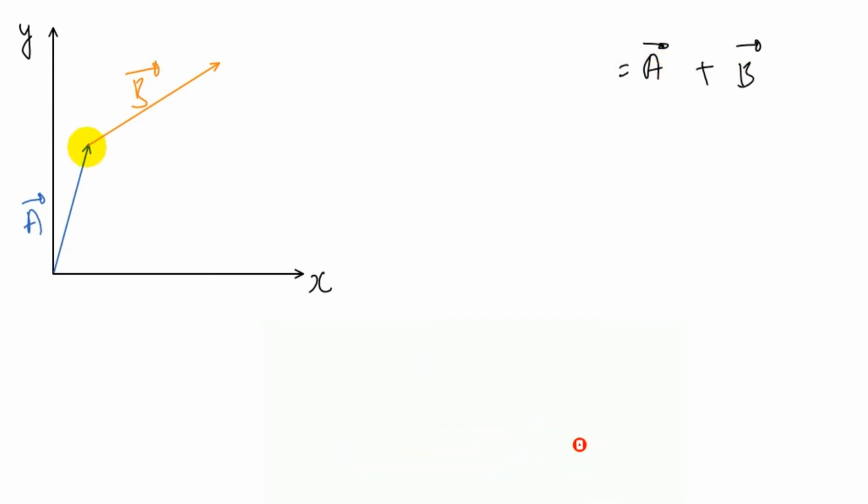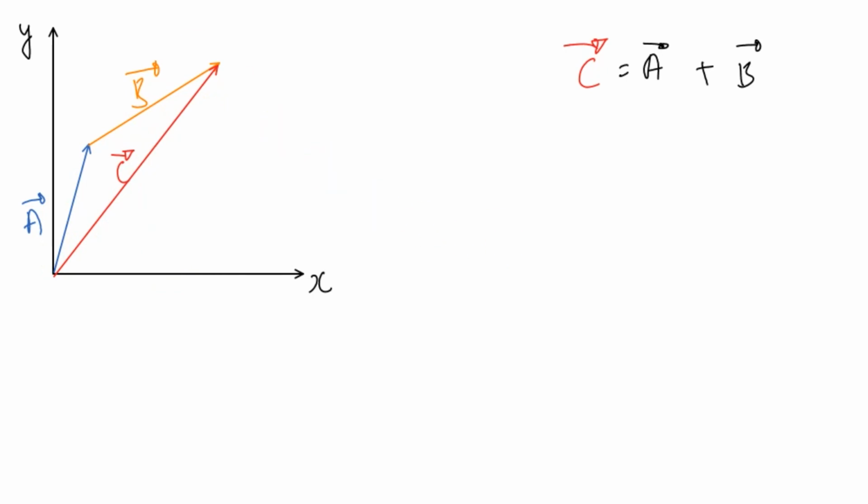I've already placed the head of vector A at the tail of vector B. Now let vector C represent the sum of vector A plus vector B. To find the direction and magnitude of vector C, we join the tail of vector A with the head of vector C. That is what we studied. This vector represents vector C, and we can find its magnitude by measuring this length and its angle by using the protractor.